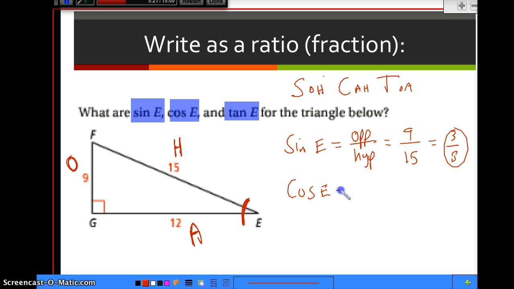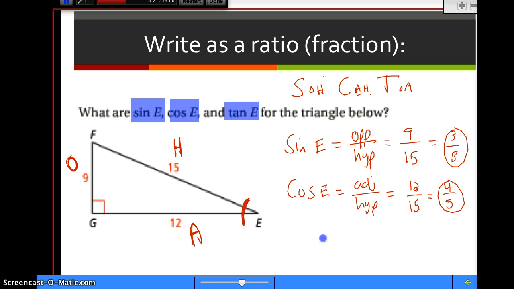Cosine of E is adjacent over hypotenuse. Going back to my diagram, at E the adjacent is the 12, over the hypotenuse, the 15. They're both divisible by 3, so it's 4/5. Not cosine, I just did that one.